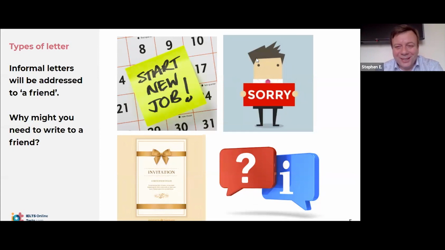Yeah, true. Update them. You could be apologizing. You could be asking for information. Maybe you want some information on a course that they've done or something they bought. Yeah, good.